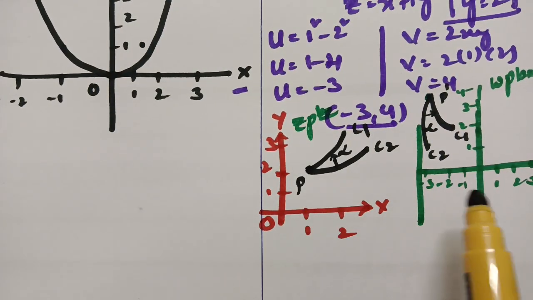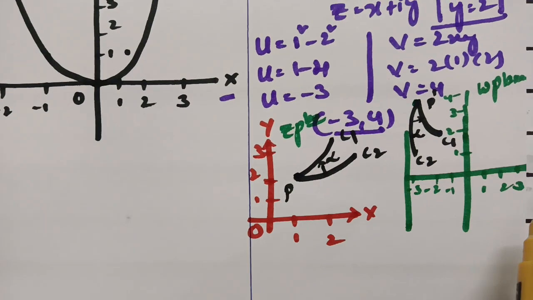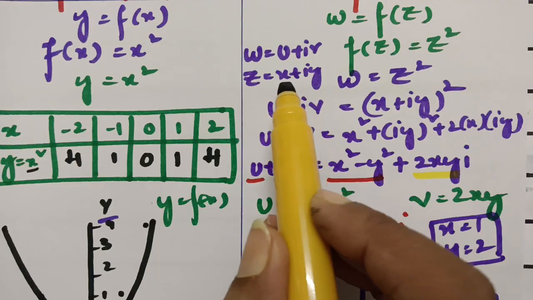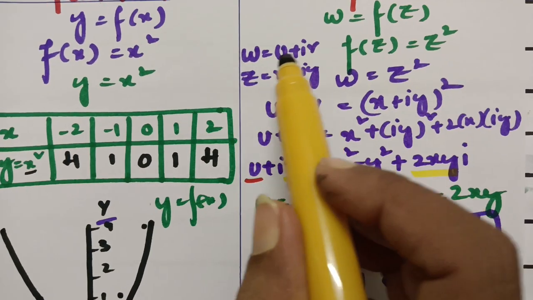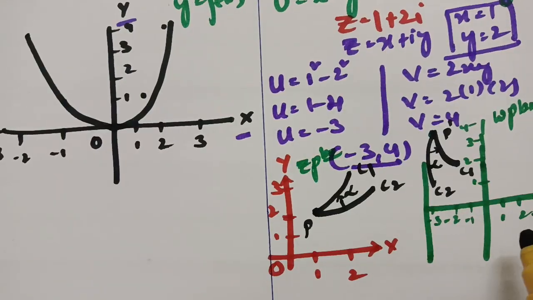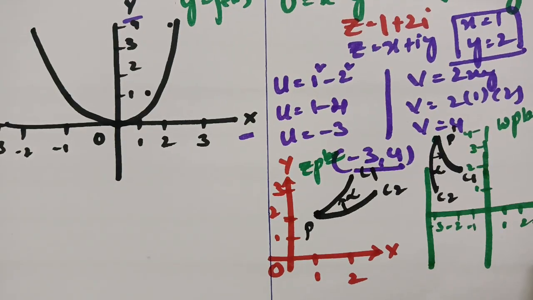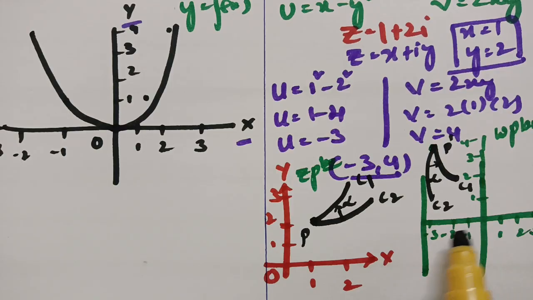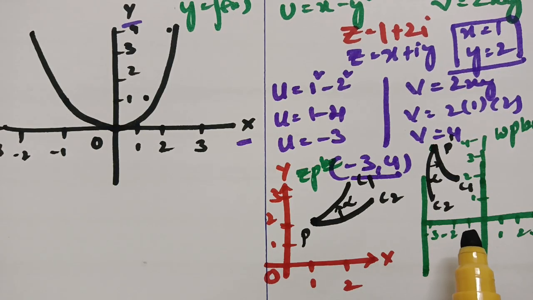One is the Z-plane graph, where we represent XY points, and the next one is the W-plane graph, where we represent UV points. So for a complex valued function there are two planes, the Z plane as well as the W plane, between which we make a correspondence.